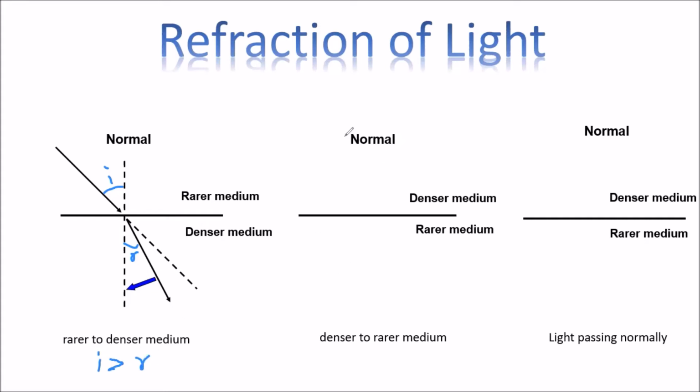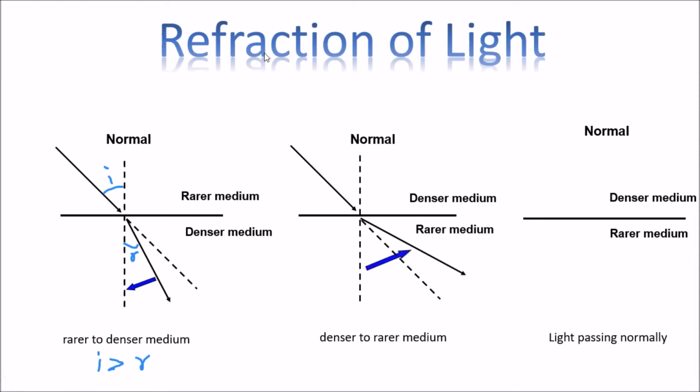Now the next situation is exactly the opposite. What happens when light goes from denser medium? Let's say light is coming from water and going into air. Ideally it should have gone this way, but let's see where it goes. In the previous situation it was going towards the normal, and now you can observe that it's going away from the normal.